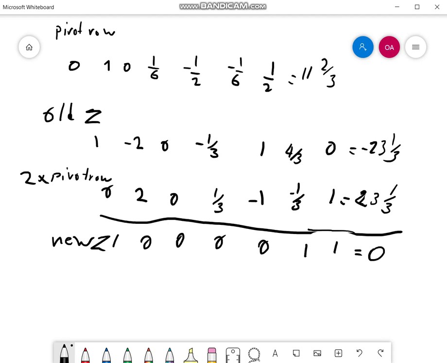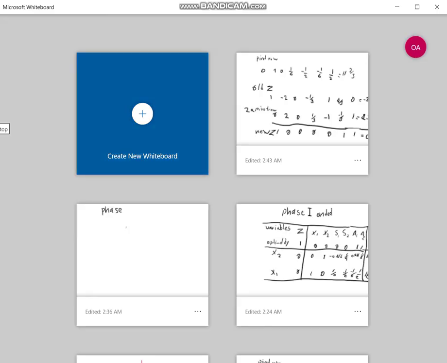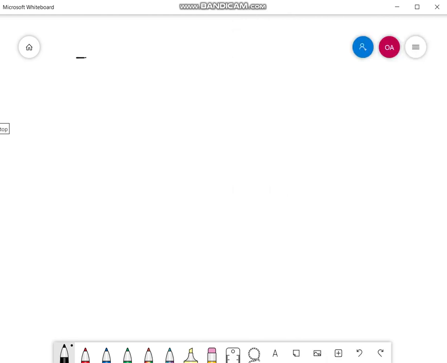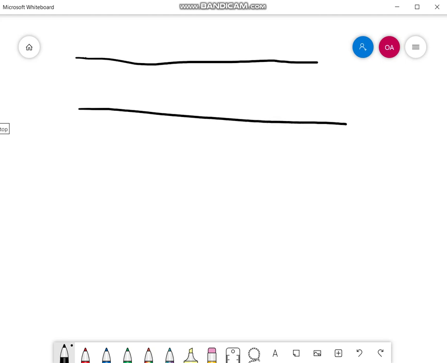So since we have all the rows and the optimality condition, we can create the tableau. So this is the tableau. You don't need to add the artificial, but even though I will put them into the calculation.